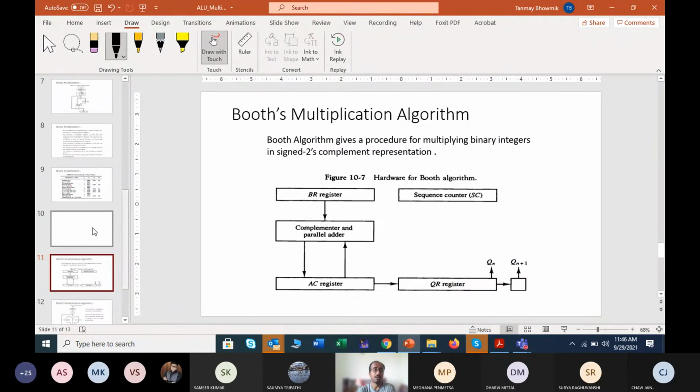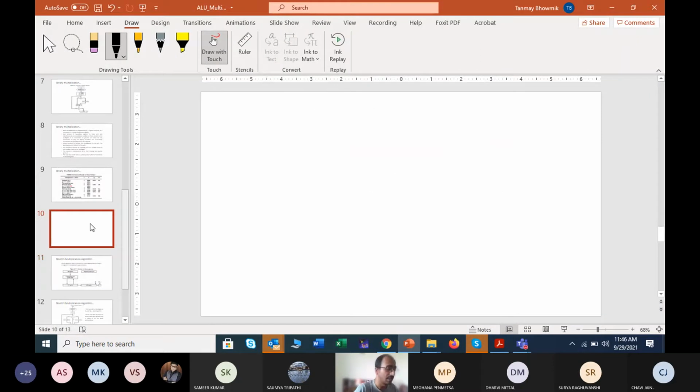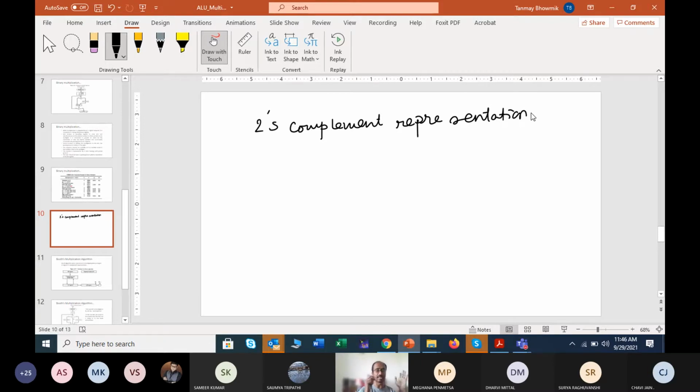Okay, from this point. Before coming to this, let us first recap from our digital design course that whenever we were doing 2's complement number representation as a single word, there was no separate sign bit, right? That means the number given to you was considered the same, whether it is a positive number or a negative number.